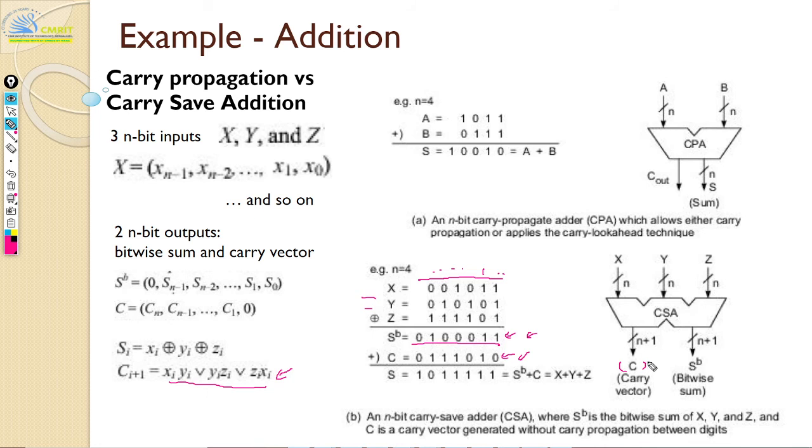So what it essentially means is if you want to do a huge number of additions, let us say you want to add 12 integers together, then you can divide them into 3, 3, 3, and 3.